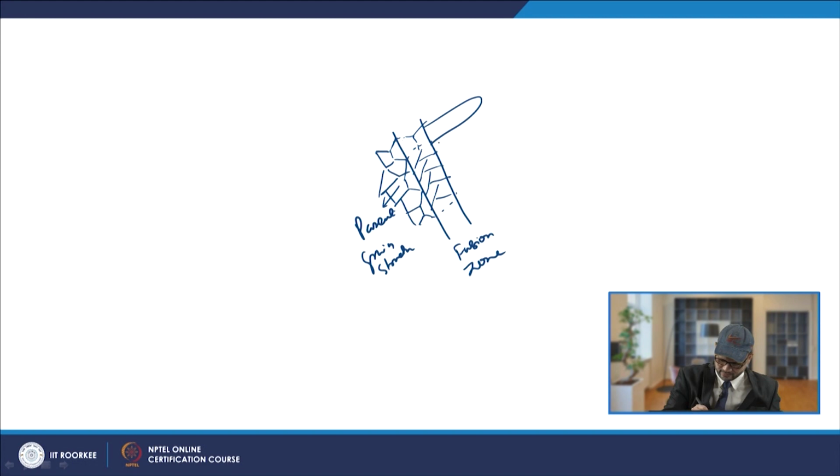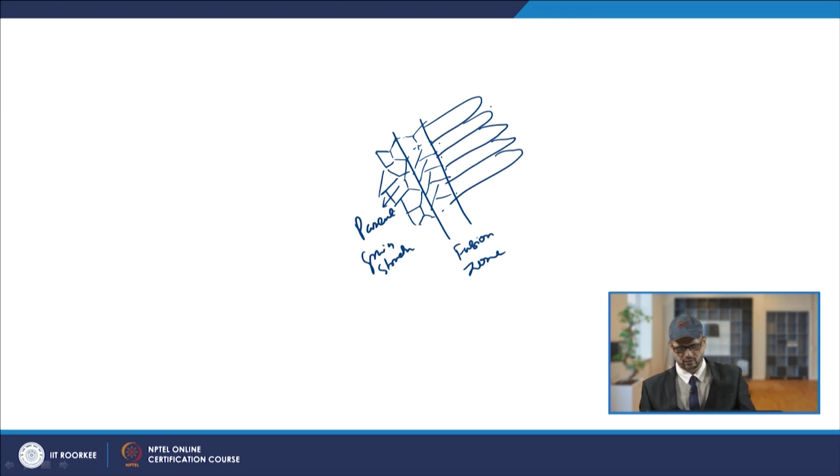As we have understood, you will have the different zones, with columnar growth of the grain taking place in the direction. So, you will have the fusion phase here, and from here the columnar grains will be growing in this direction.